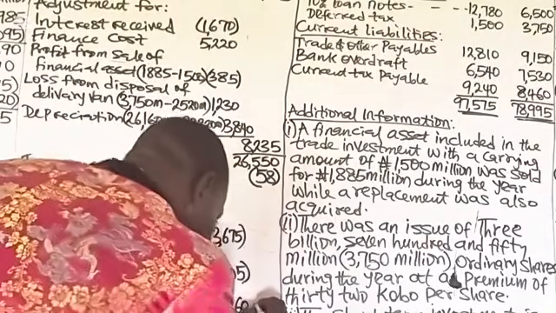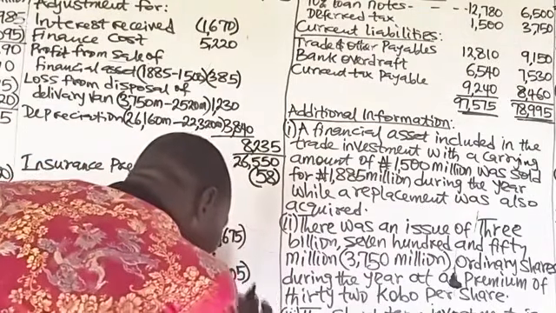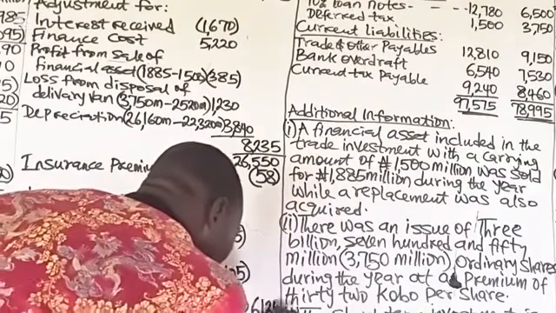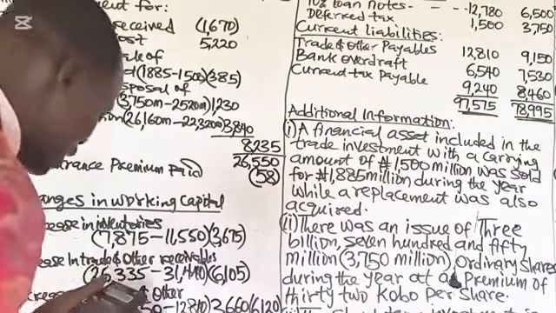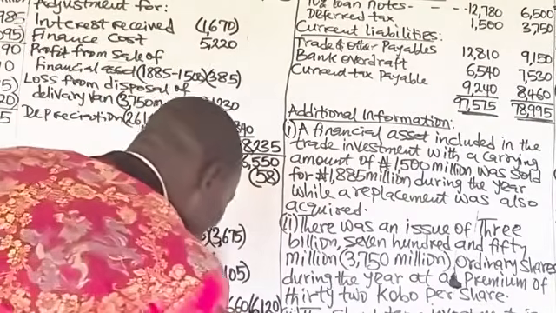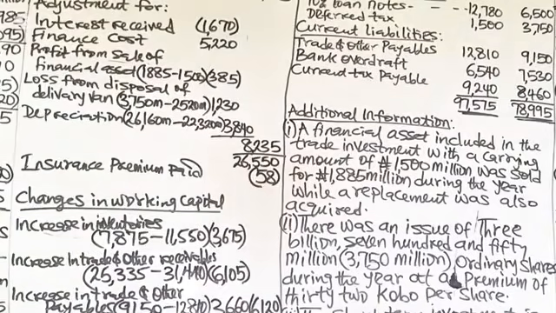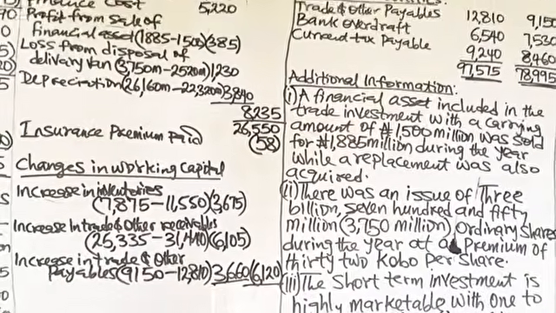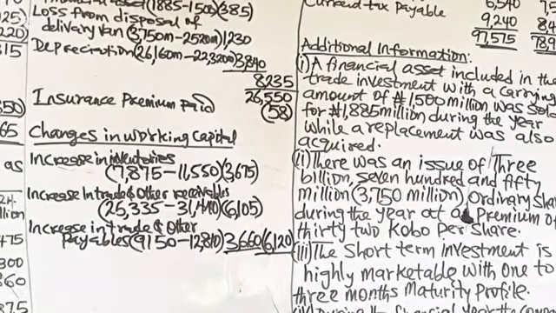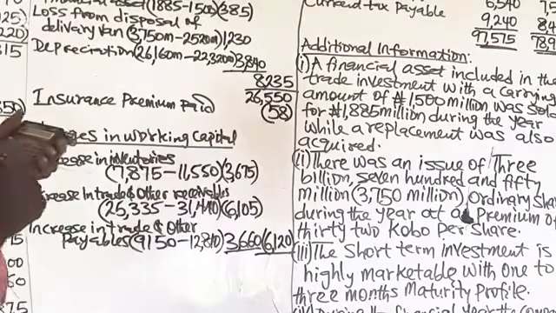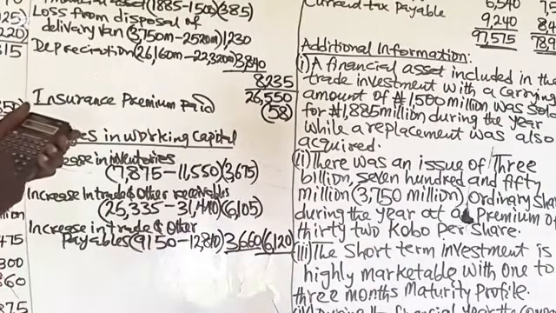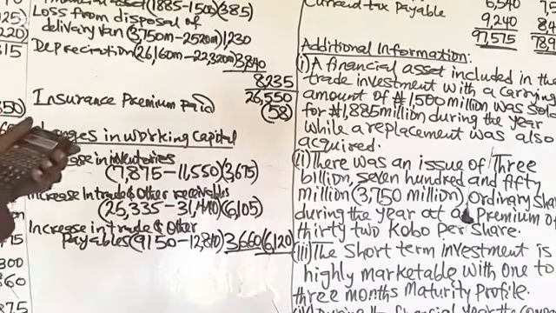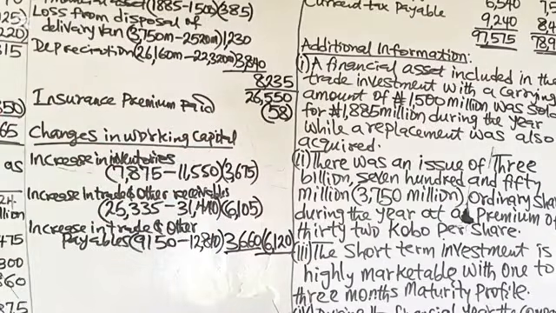Then you have minus 6,120. After these adjustments, remember, in your operating activity, what you had before was 26,550 minus 6,120. So you have 20,372.